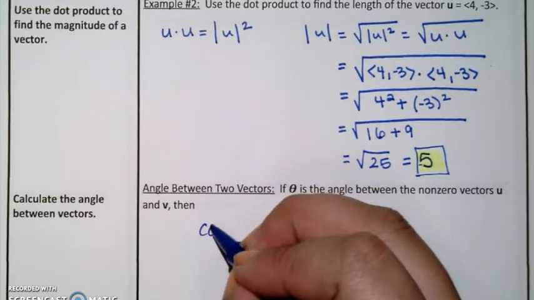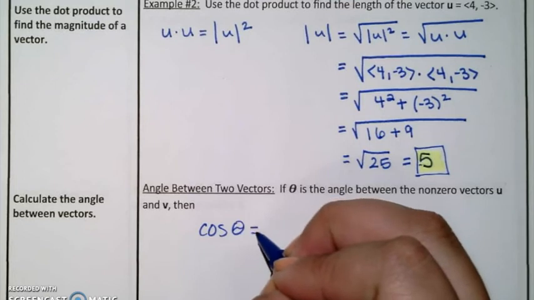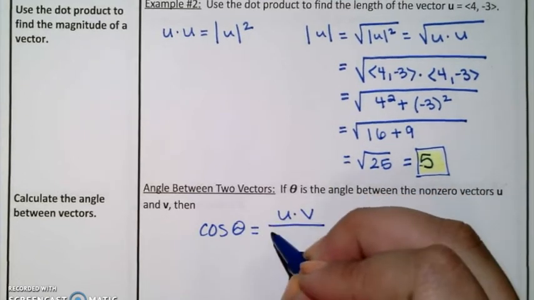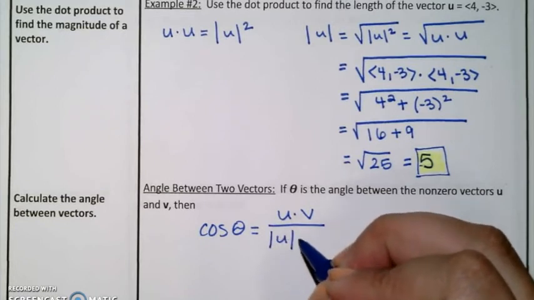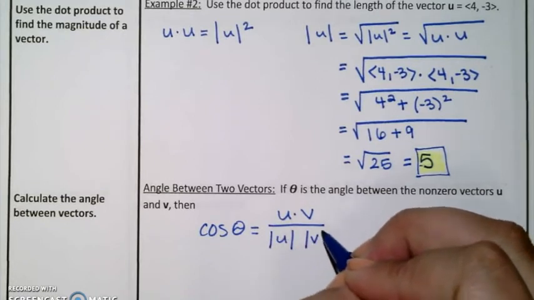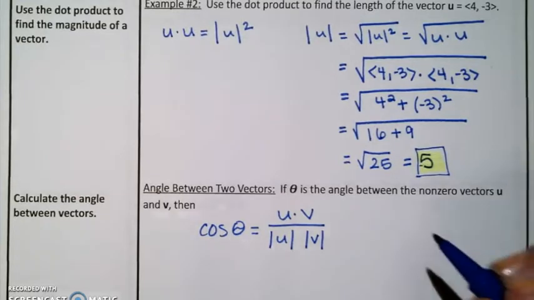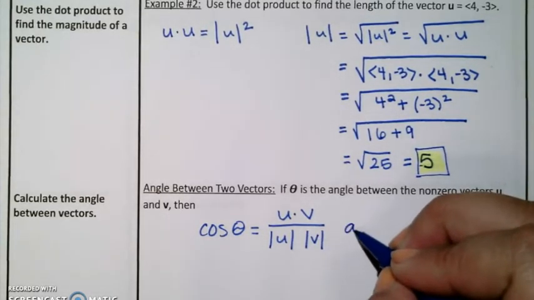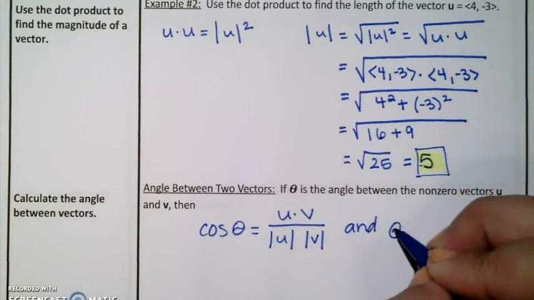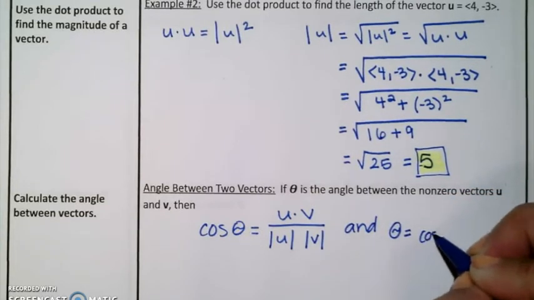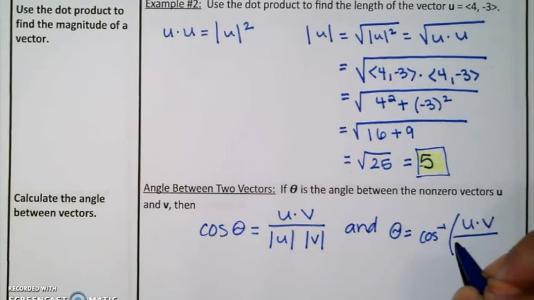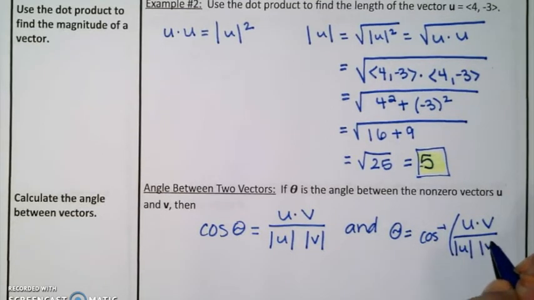Then we have the cosine of theta equals u dot v divided by the magnitude of u times the magnitude of v. And we can use this same equation solved for theta to say theta equals cosine inverse of u dot v divided by the magnitude of u times the magnitude of v.